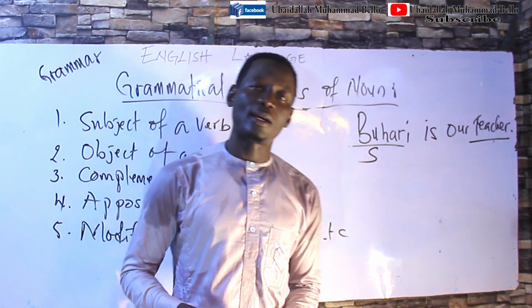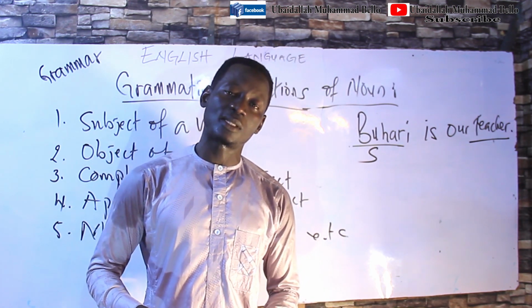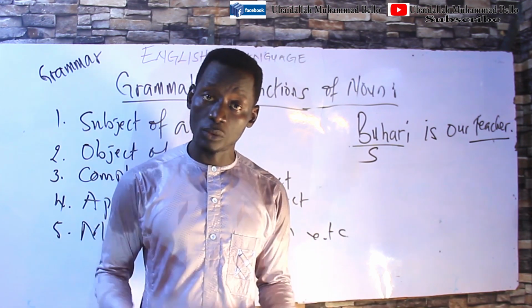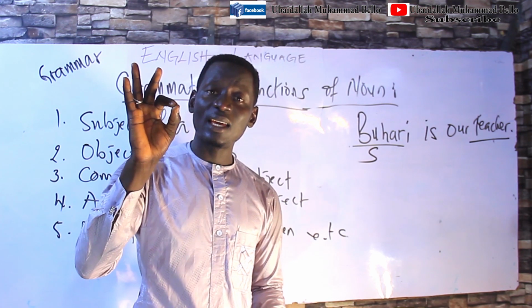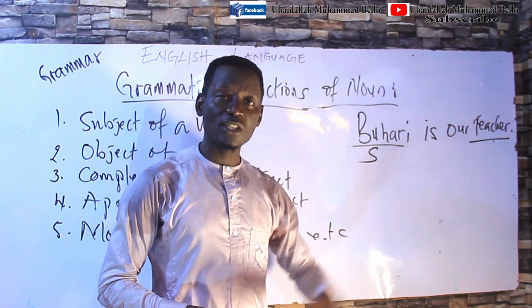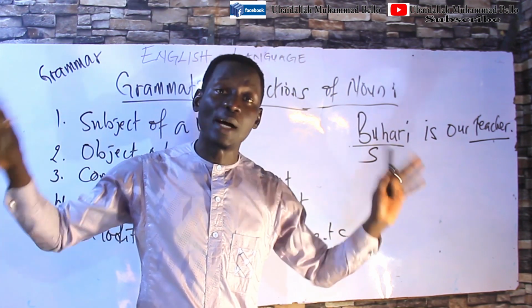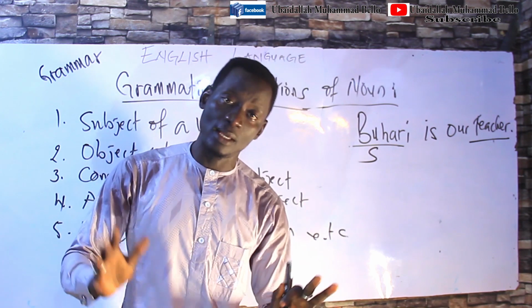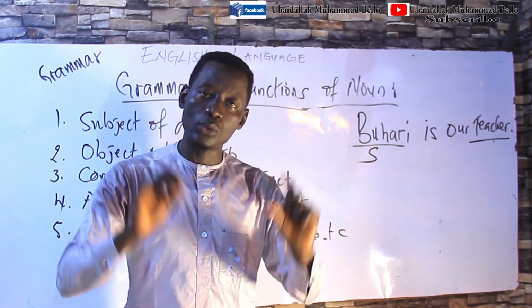And what class of words or what part of speech is teacher? It's still a noun. Where we have Buhari as a kind of a proper noun, we have teacher as an example of a common noun. But the main thing here is both Buhari and teacher are nouns.